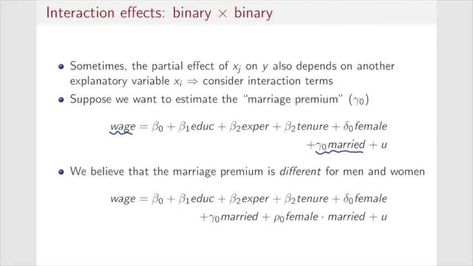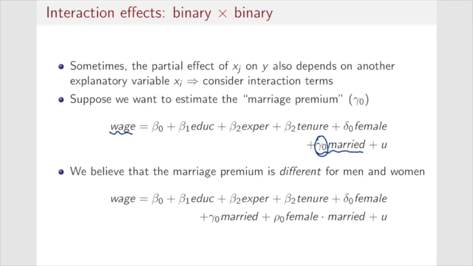It equals 1 if the worker is married, and it is 0 if the worker is single. The parameter gamma 0 is the marriage premium. If gamma 0 is larger than 0, then the average wage for those who are married will be higher than those who are single when all other factors are being controlled for the whole population.